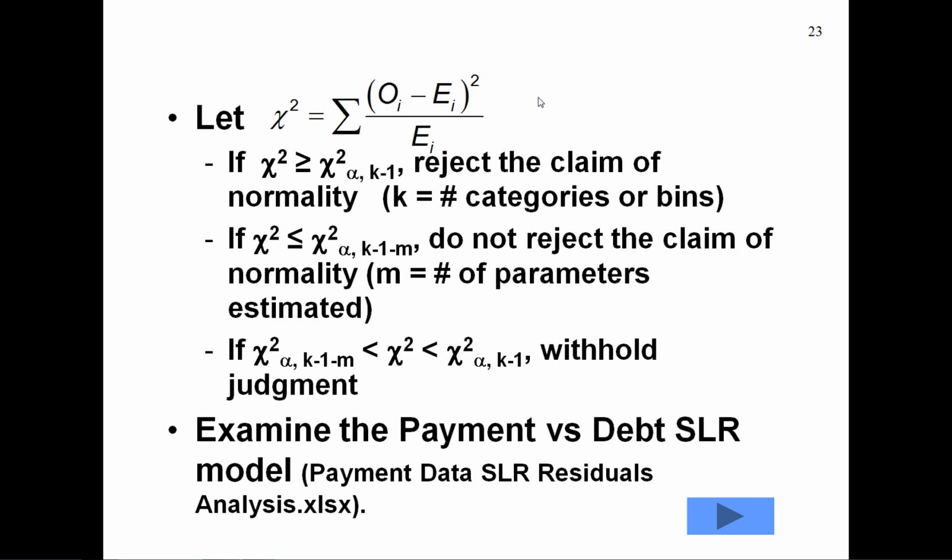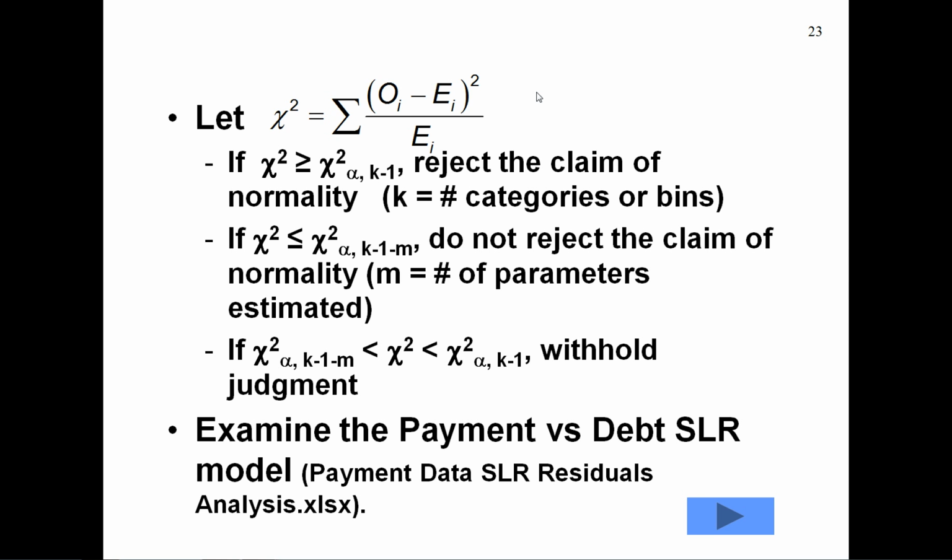And if the observed values of our residuals are close to what we would expect given the assumption of normality, then we would suspect that this chi-square value here would be small. If chi-square is small, then we would tend to accept the assumption of normality. If chi-square was large, on the other hand, we would tend to reject that claim.